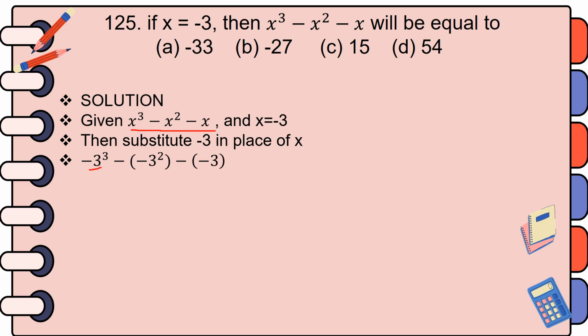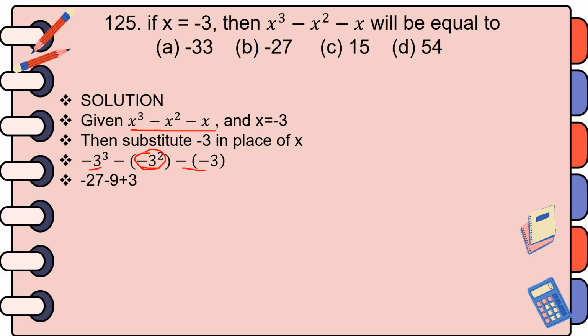Again, here we have these values. Minus 3 cubed means minus 27. Then minus 3 squared will be 9, positive 9. Then you have minus 9. Then you have minus into minus 3.